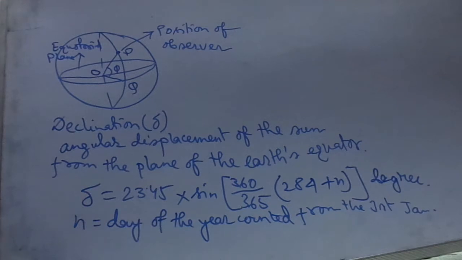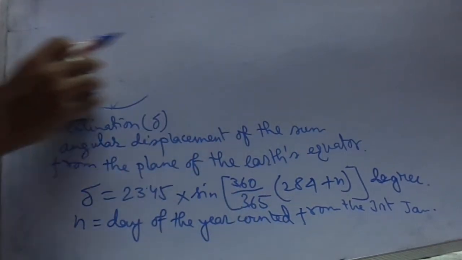If you draw the diagram, suppose this is the sun. Draw a line; this is the earth equatorial line. Draw this, and the center.